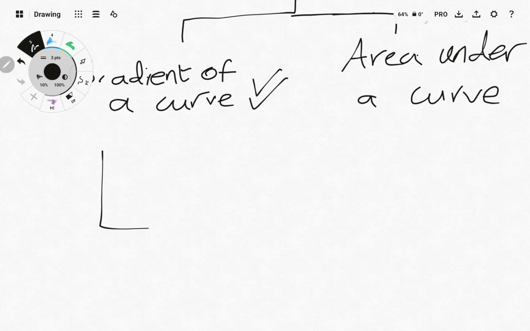Let us assume that we have this set of coordinate axes, this x and y axis, and I draw a straight line. How will you find the gradient of this particular line?